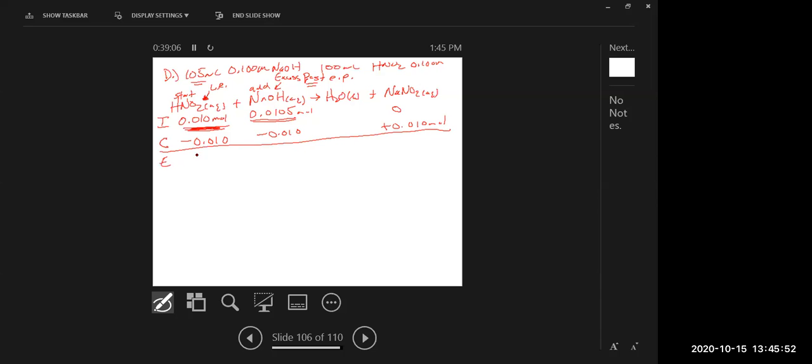That means at equilibrium, we would expect all of our acid to be used up. In terms of our base, we will have 0.0005 moles, and 0.01 moles of this guy.